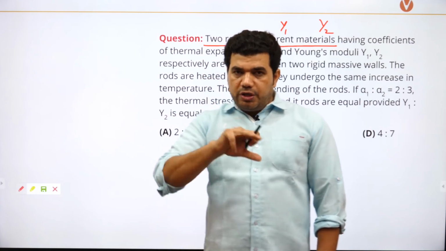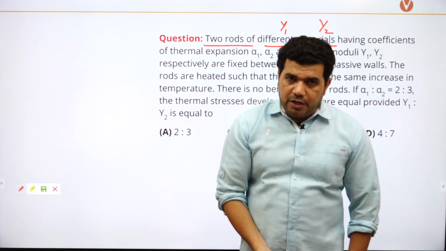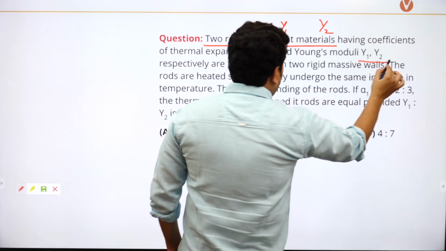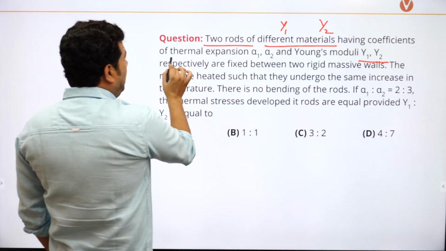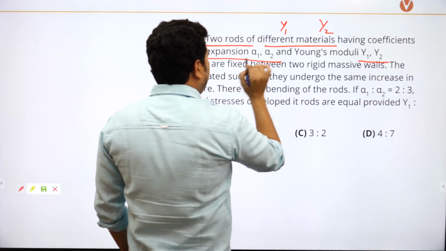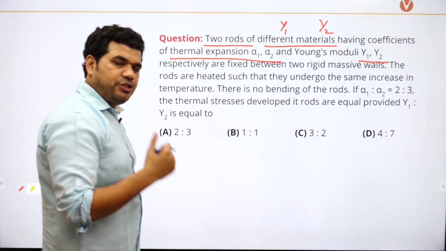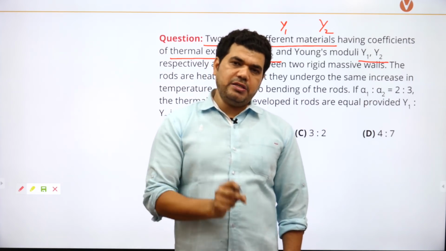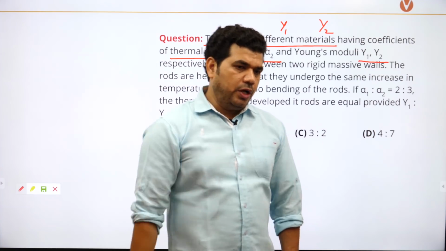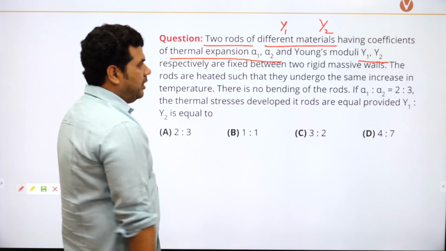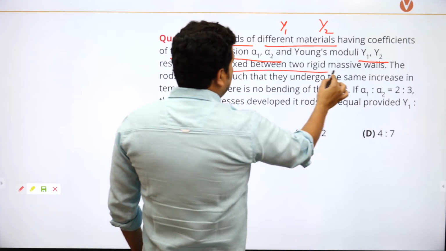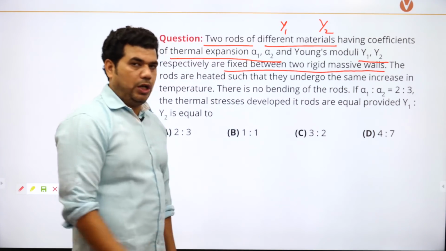And if the two materials are different, it means they have different Y, Y1 and Y2, and they have thermal expansion coefficients alpha 1 and alpha 2, which are given here. Young modulus is Y1, Y2 respectively, and they are fixed between two rigid massive walls.